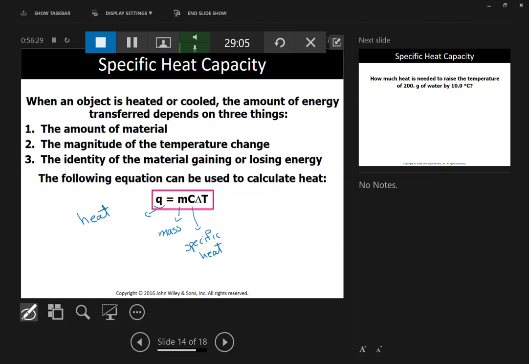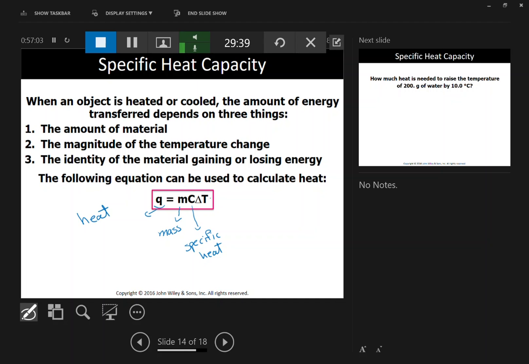For example, if you have 2 grams of iron and 2 grams of water, the amount of heat that you're going to use to change their temperature, let's say by 1 degree Celsius, is not going to be the same. The mass is the same, the change in temperature is the same, but the identity is different. So iron has a lower heat capacity, water has a higher heat capacity. So you would need more heat in order to change the temperature of 2 grams of water compared to 2 grams of iron.